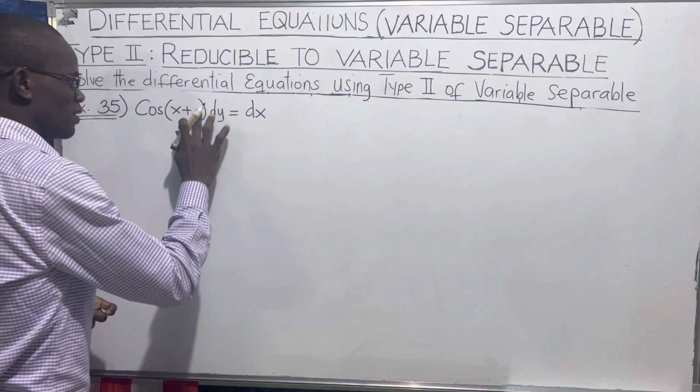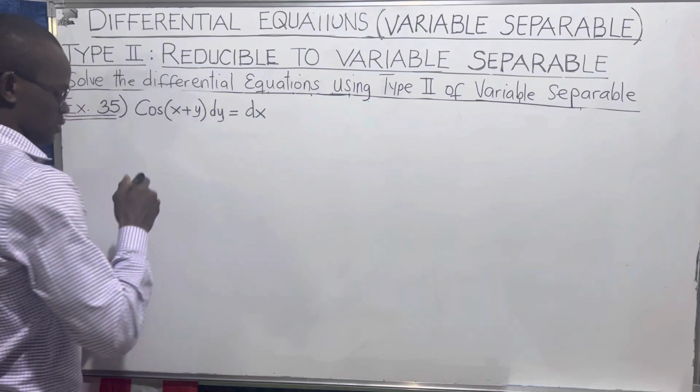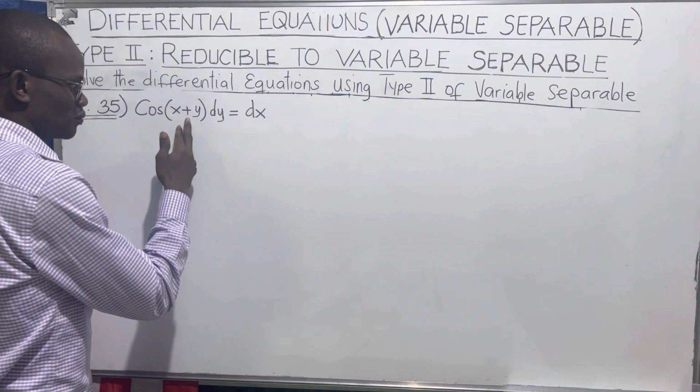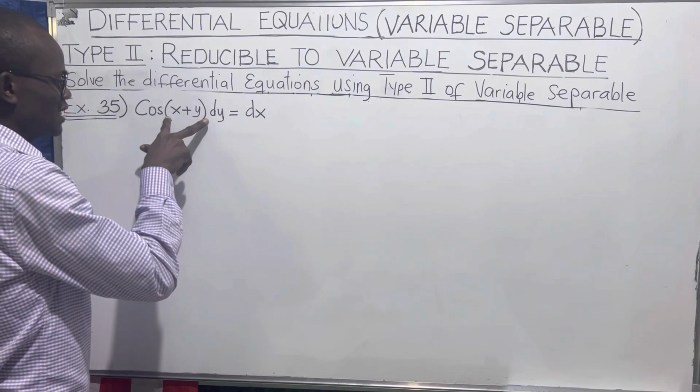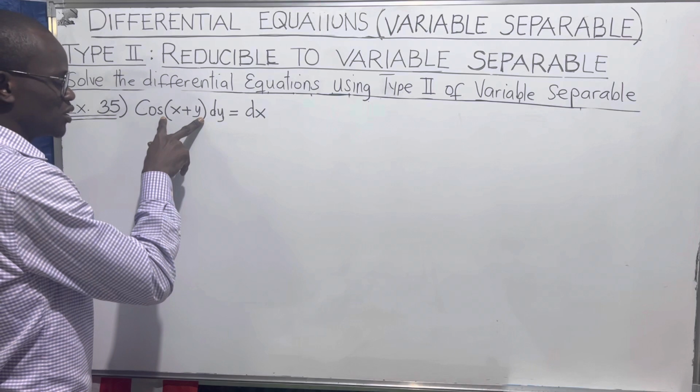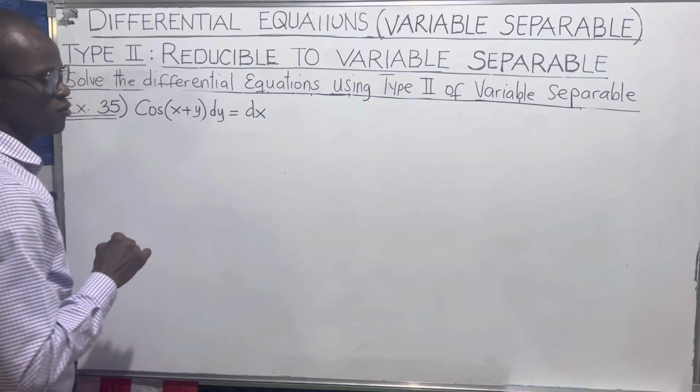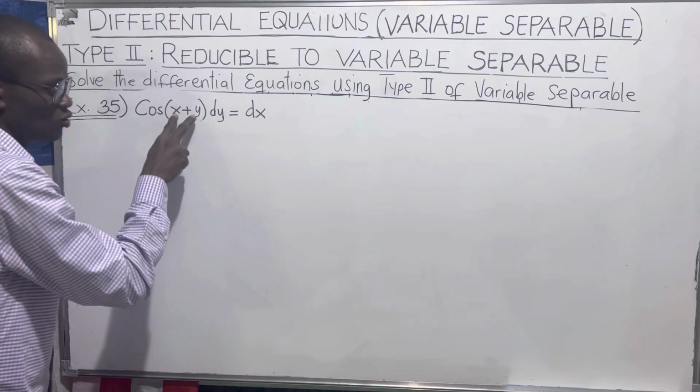But since this now has y, we cannot determine whether we should maintain cos of (x plus y) on this side of the equation or divide it on both sides, because there are two variables right here.